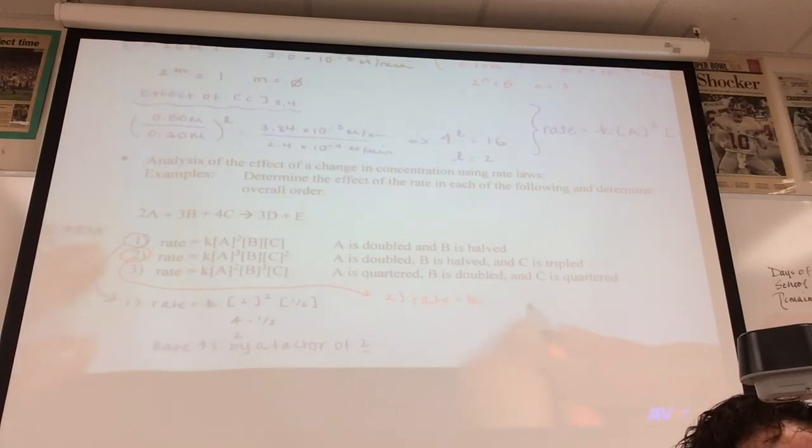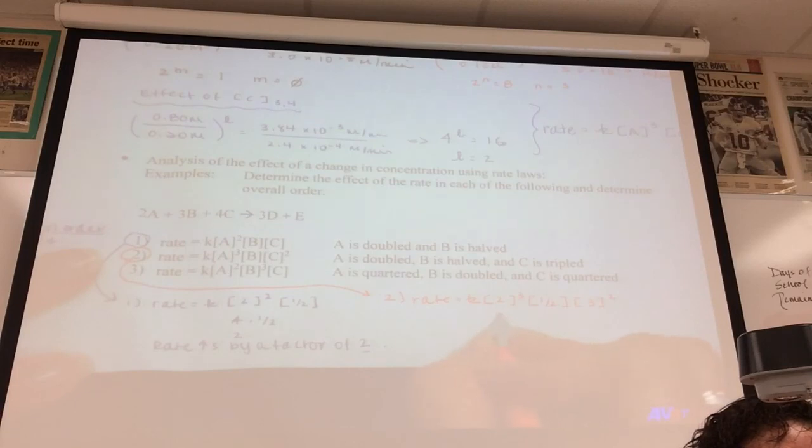All right, I'll have you walk me through the second one. A is doubled. What will I replace the A with? 2. And then I'm going to cube it. B is halved. I'll replace the B with a half. And C is tripled. So what will I replace C with? 3. And I will square it.